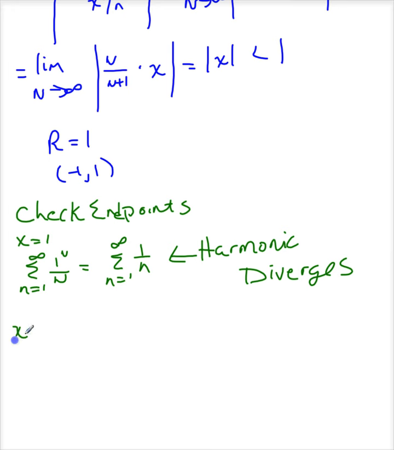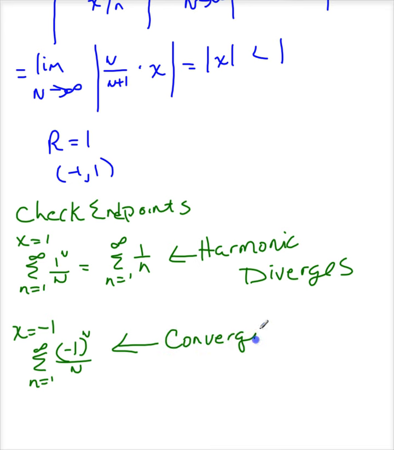Now I'm going to check the left endpoint. So this is the sum, n goes from 1 to infinity, of -1 to the n divided by n. Remember, we could use the alternating series test. This converges. It's not always going to be this clear; sometimes you have to do a little work. This is converging because it's the alternating harmonic series.